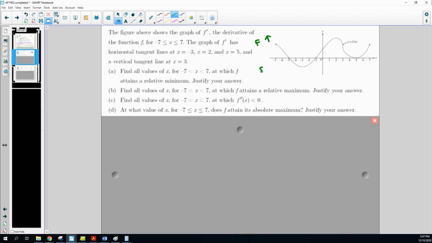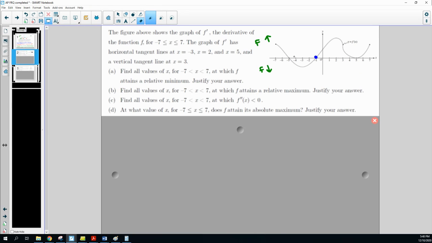If it's below the x-axis, f is decreasing, right? The original function. A minimum happens when I go from decreasing to increasing. So when I go from below the x-axis to above the x-axis, like right here at -1, that is going to indicate that I have a relative minimum on the original graph.